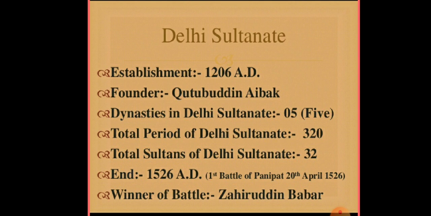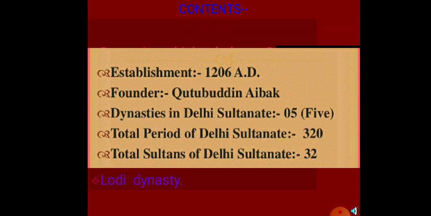Total Sultans of the Delhi Sultanate: 32. The rule ended in 1526 AD, when there was the first battle of Panipat and they were defeated by Babur. Babur was the first emperor and founder of the Mughal Empire.